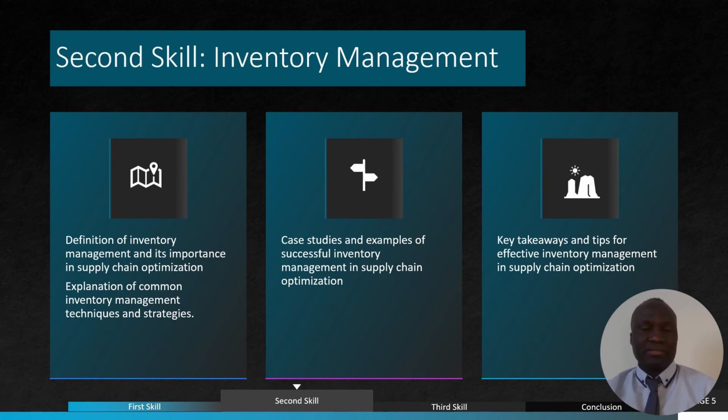The second skill that we will cover will be inventory management. Now, you will learn the essential skill of good inventory management. This skill involves balancing the inventory levels to meet customer demand while minimizing costs associated with overstocking or stockouts. The course will cover topics such as forecasting, safety stock calculation, economic order quantity or EOQ, and lead time management.